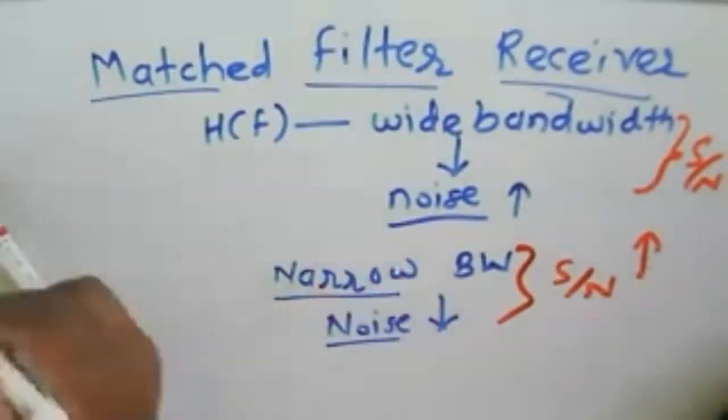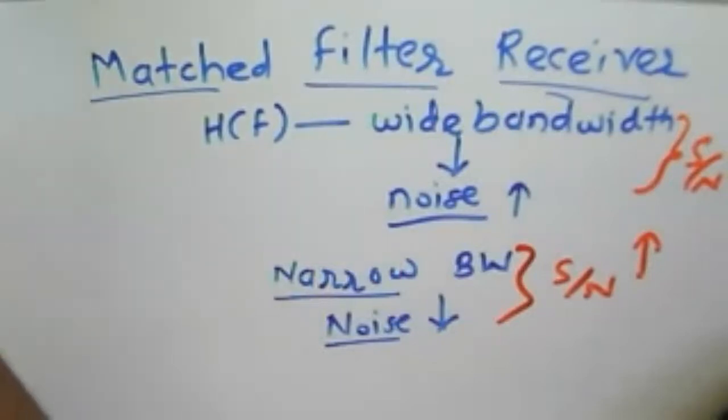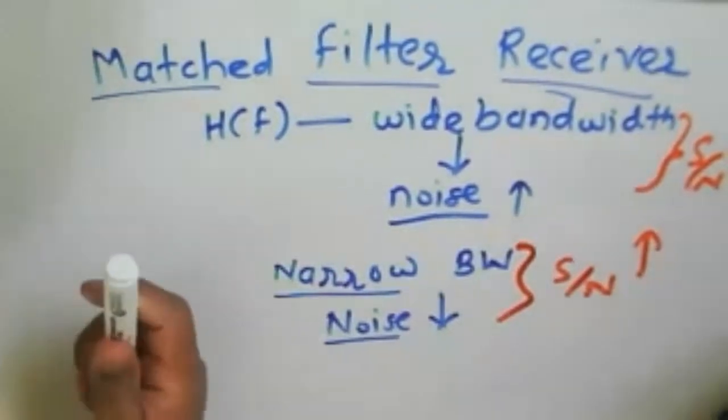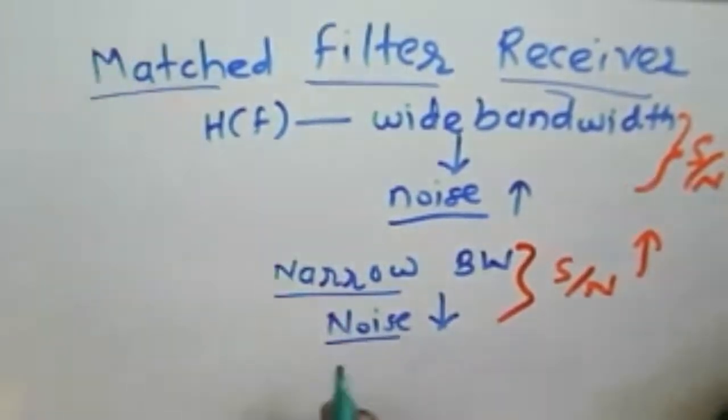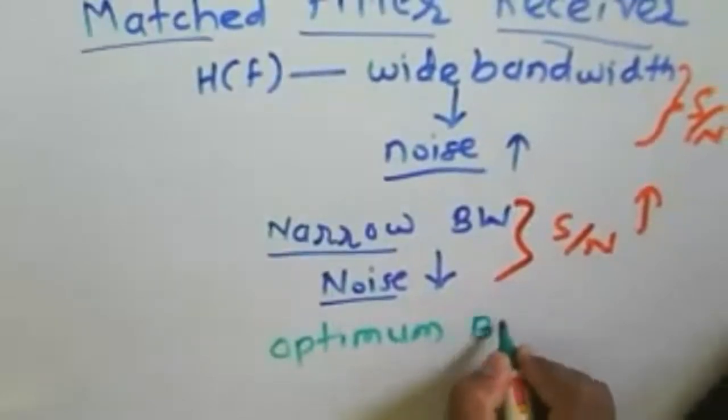So then what will be the required bandwidth for your receiver? In that case, instead of a narrow bandwidth, we will use an optimum bandwidth. The solution is that we need to choose an optimum bandwidth.